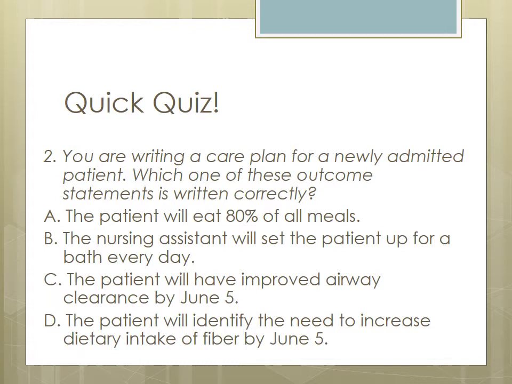This one is specific and it has a date. A is good. It is something that's measurable, but it doesn't have a date. B, the nursing assistant will set the patient up for a bath every day.